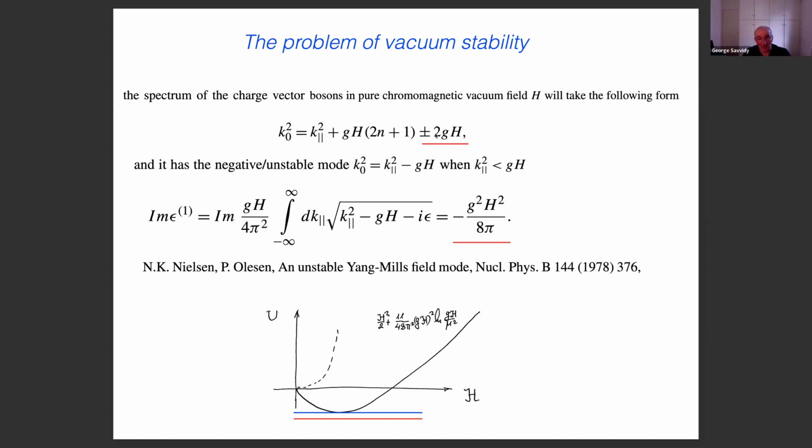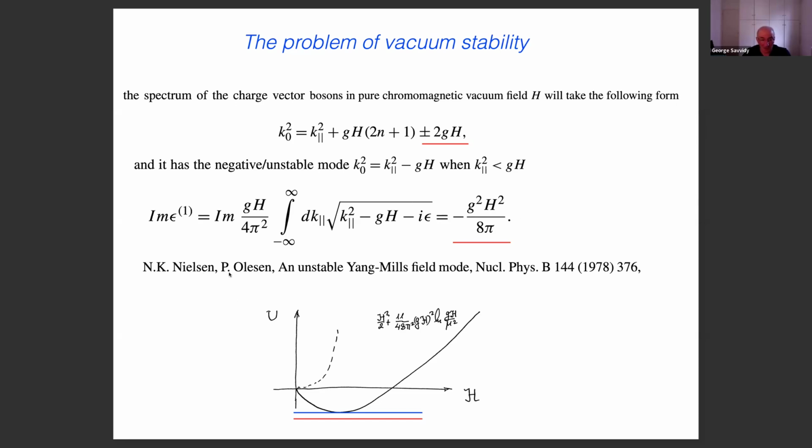And this is the transversal part, which is quantized. Now you will see that the energy square is equal to k longitudinal squared minus gH, and for momenta less than the square root of gH, we have a negative mode. And this negative mode produces an imaginary part contribution to the effective Lagrangian, which is written here.